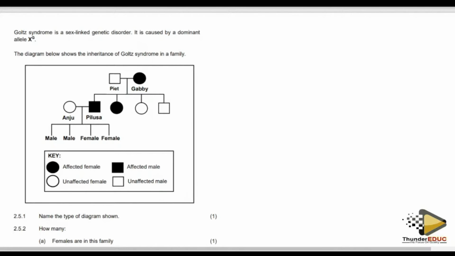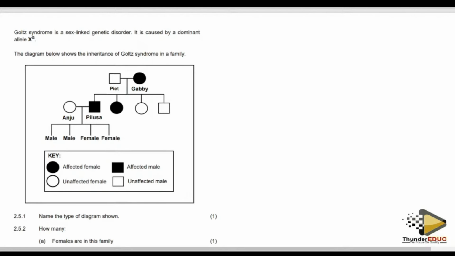This syndrome, however, I don't know whether you're going to read it as hotty or gotty or whatever, because it's a scientific term, but I know that many students read it as hood. Okay, it is a sex-linked genetic disorder.